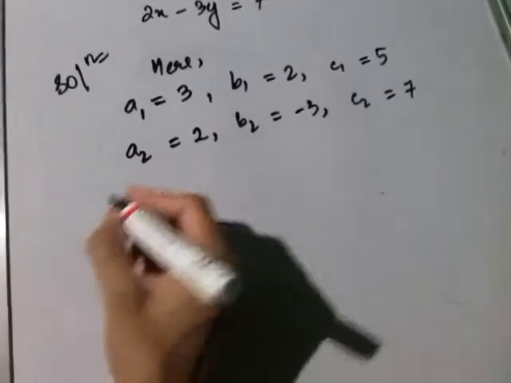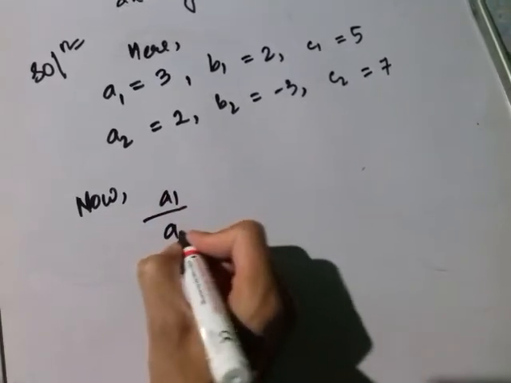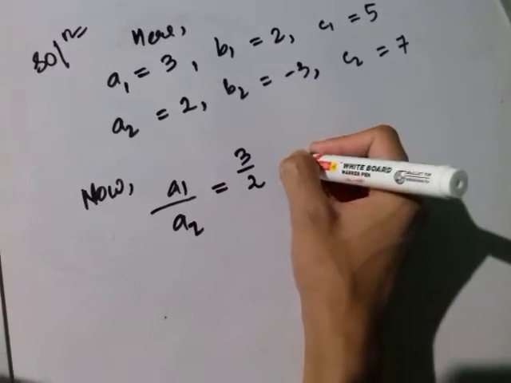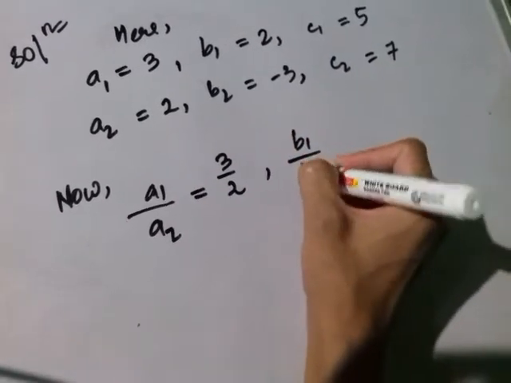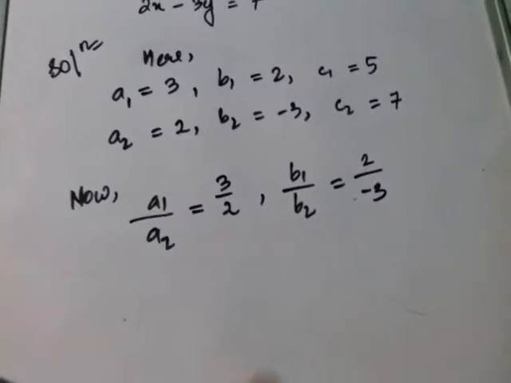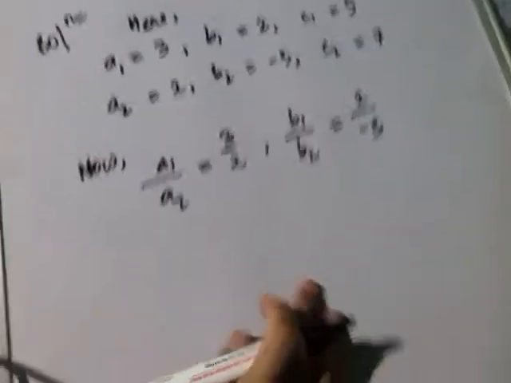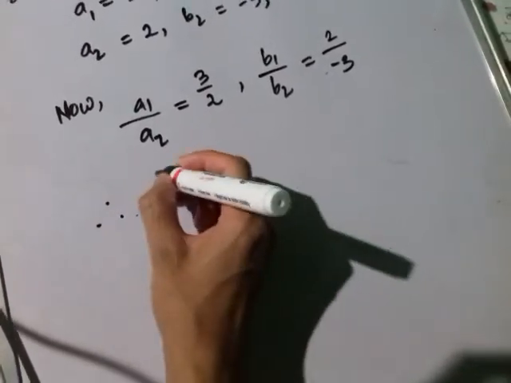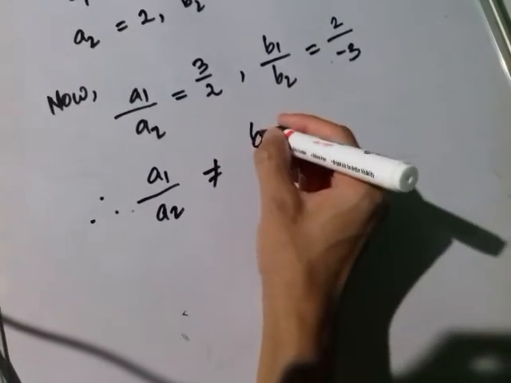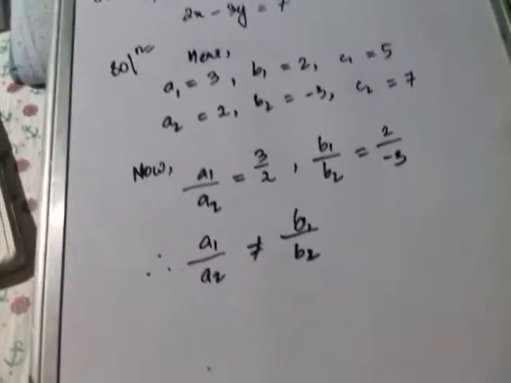Now we will do a1 by a2 according to the formula. a1 by a2 is 3 by 2. Next will be b1 by b2, which is 2 by minus 3. Now you see a1 by a2 and b1 by b2 are not the same. So since it is not the same, we will write: therefore a1 by a2 is not equal to b1 by b2.